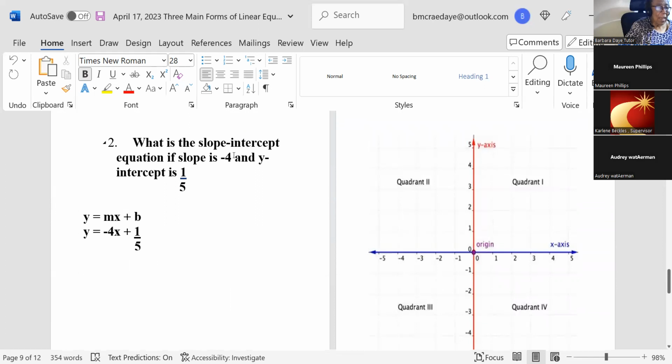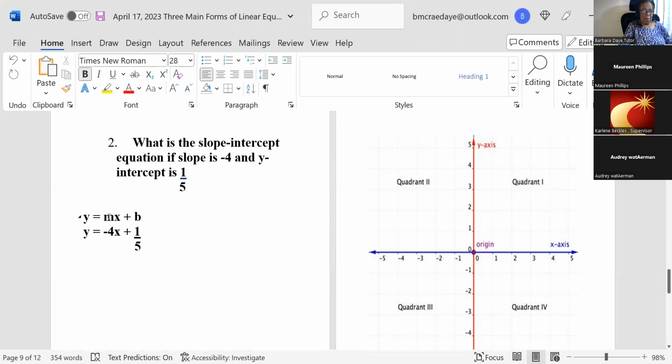The slope I gave you and the y-intercept. But now if you know y equal mx plus b is the slope-intercept equation, then you could plug in the -4 for the slope and the 1/5 for the y-intercept. But make sure you know the format of your slope-intercept equation. Y equal mx plus b.